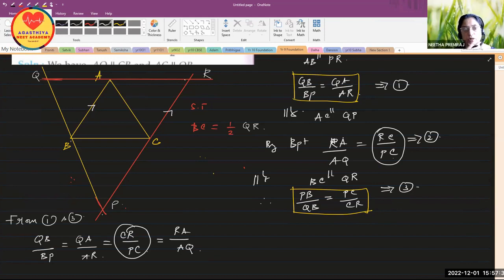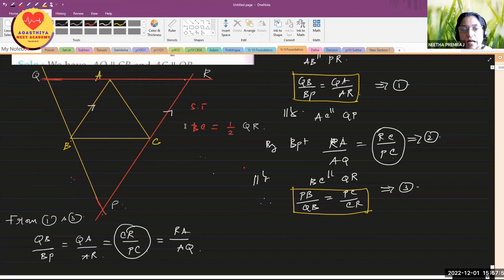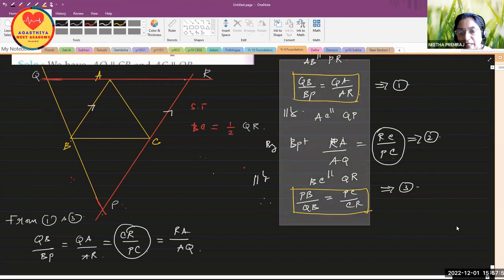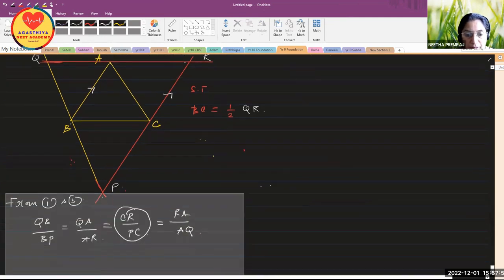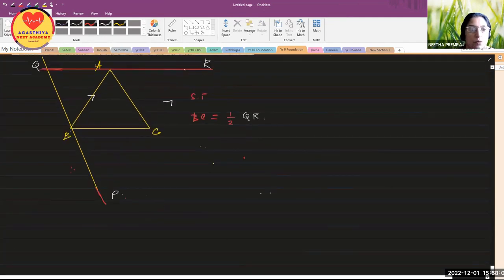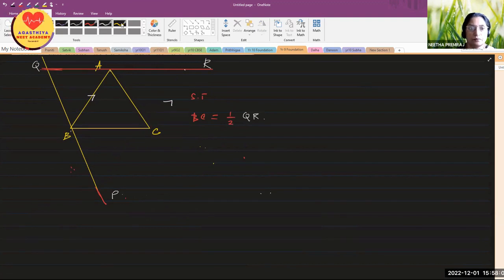No, wait. This is like a midpoint, it should come. Then only you can prove it. Wait, let me check once again. I think you need not do it this way. I'll teach you another way that is very, very easy. If you use the angle property, then it's very, very easy. That way we do. Okay, once again.